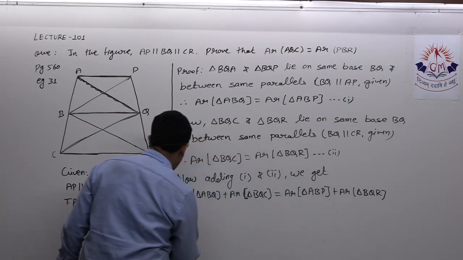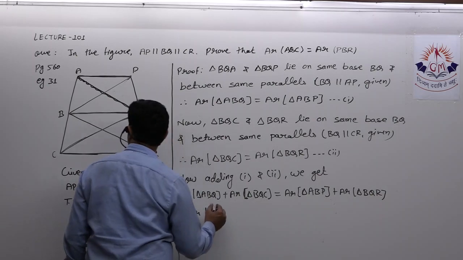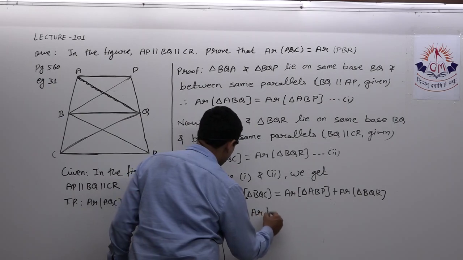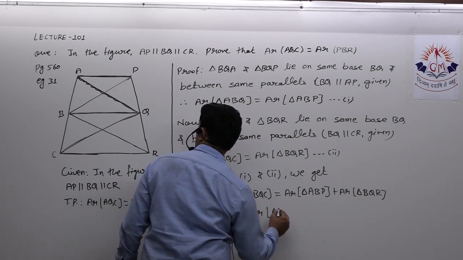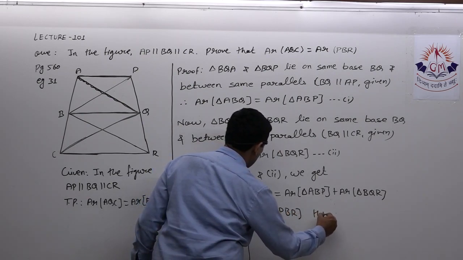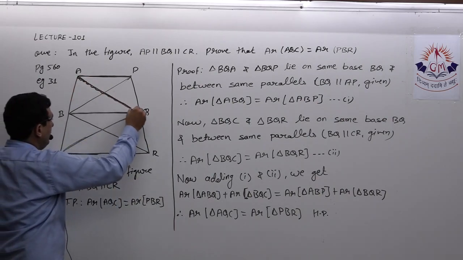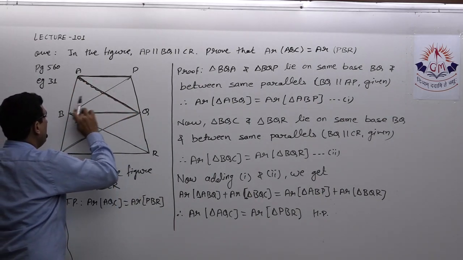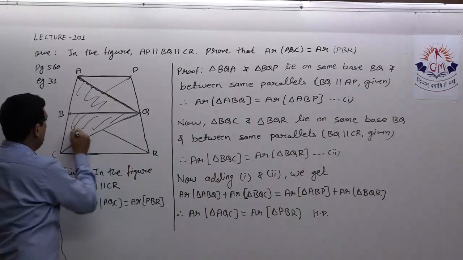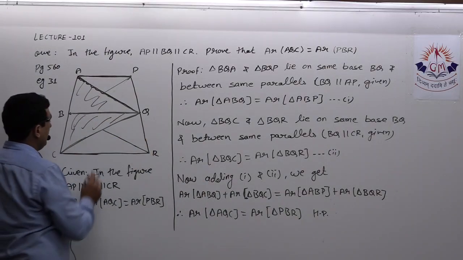Okay, so I added left with left and right side with right side. So here I will get area of triangle AQC is equal to area of triangle PBR, hence proved. You can see this triangle ABQ when added with triangle BQC, I will get area of triangle AQC.